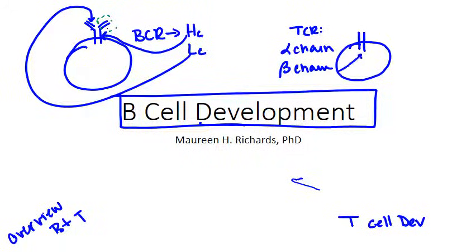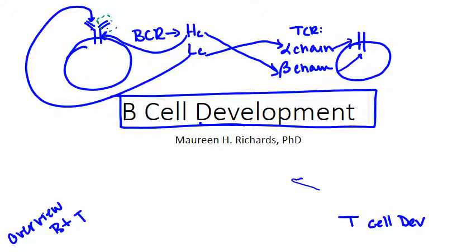We can say this one is beta and this one is alpha, just the way they're drawn, okay? The beta chain is akin to the B cell receptor's heavy chain, and the alpha chain is akin to the B cell receptor's light chain, okay? And I tell you this because as we go through and make these chains in this video and in the next video, it'll be helpful to remember that this exact process is going to happen again and again and again, okay?